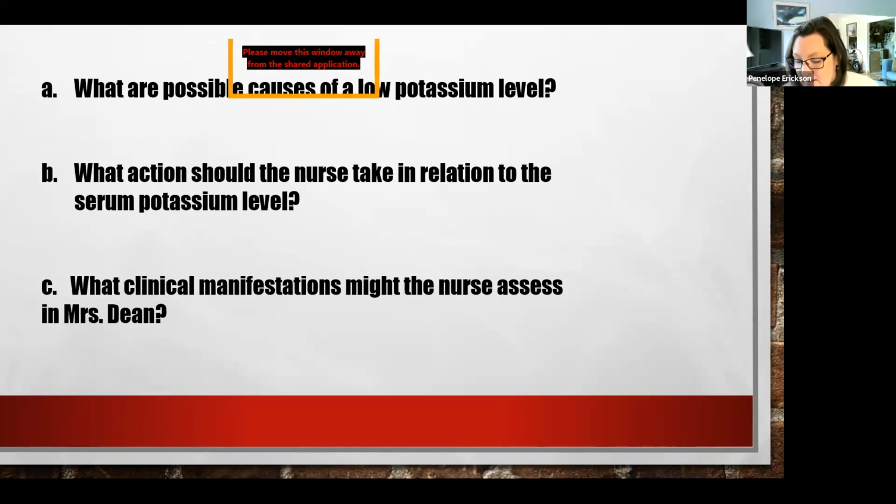Okay, so we also know that calcium helps with how the muscle fiber functions. So remember, with hypocalcemia, it's also a cation that has to do with muscle function.